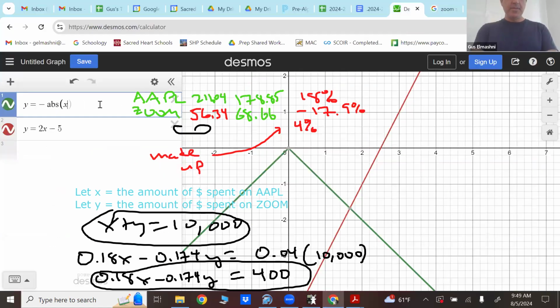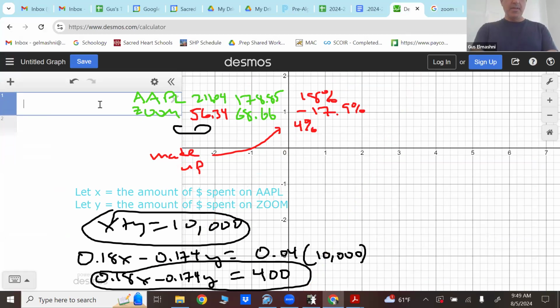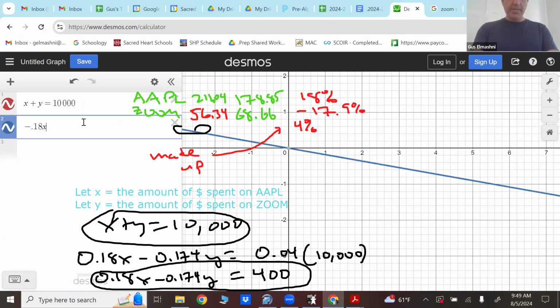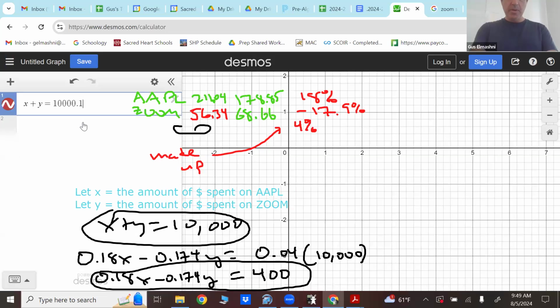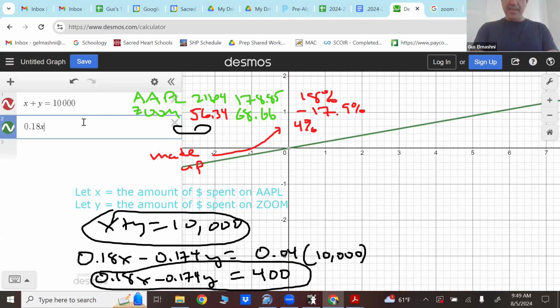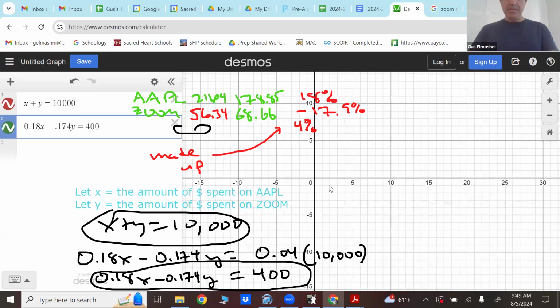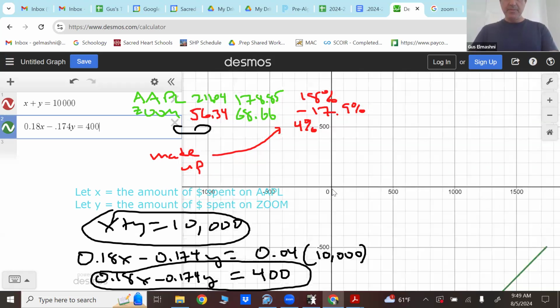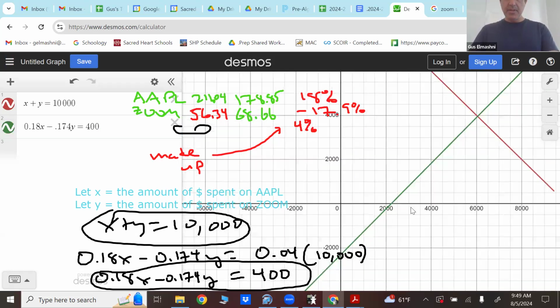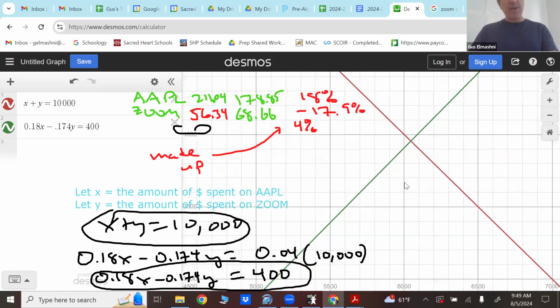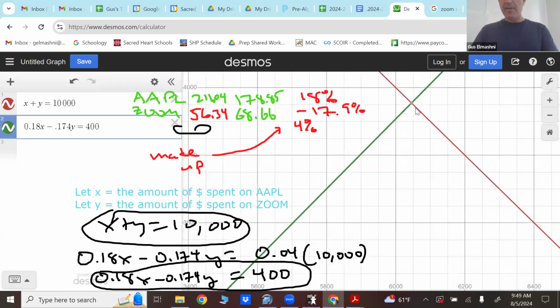So X plus Y equals 10,000. 0.18x minus 0.174y equals 400. And that's the beauty about Desmos, because you have to adjust the window in the calculator that makes it hard.